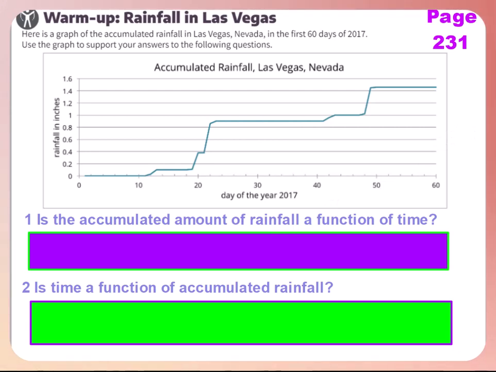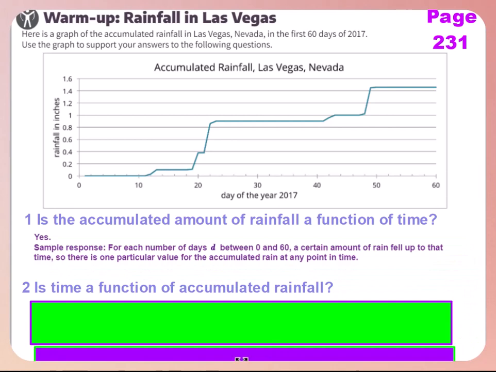So let's think back to where we started learning about function notation. The answer is yes, because for each number of days, a certain amount of rain fell up to that time. So there's one particular value for the accumulated rain at any point in time.